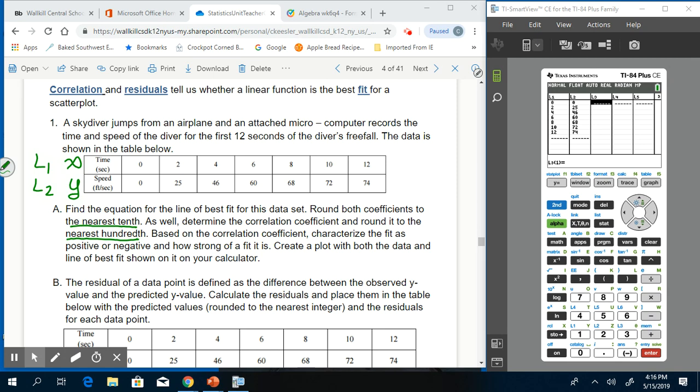Okay, now that you're back, we want to make sure that we have some things set up so that we get the correlation coefficient as well as just the equation. Remember, in order to get the correlation coefficient, we have to have our diagnostic on. You probably already have that set up from the last time, but just in case, let's go to second and 0 for catalog, scroll all the way down to diagnostic on.